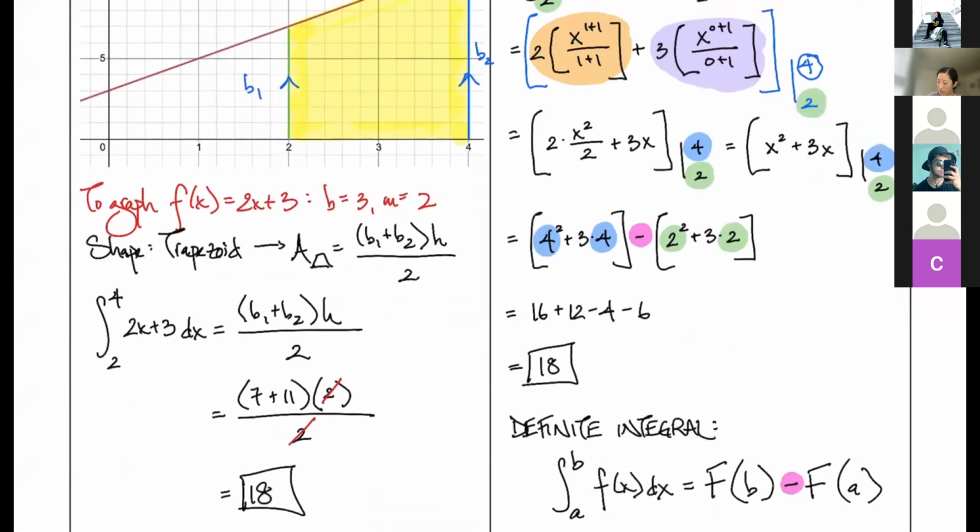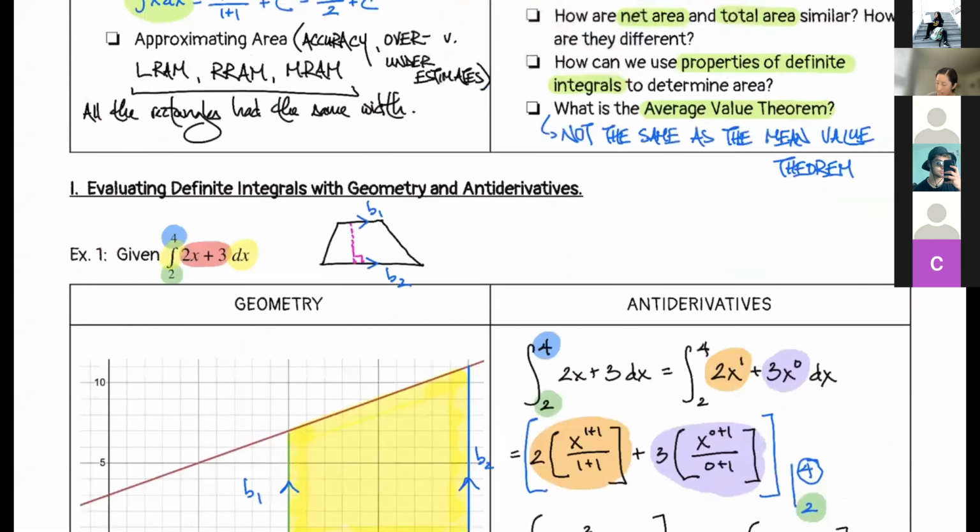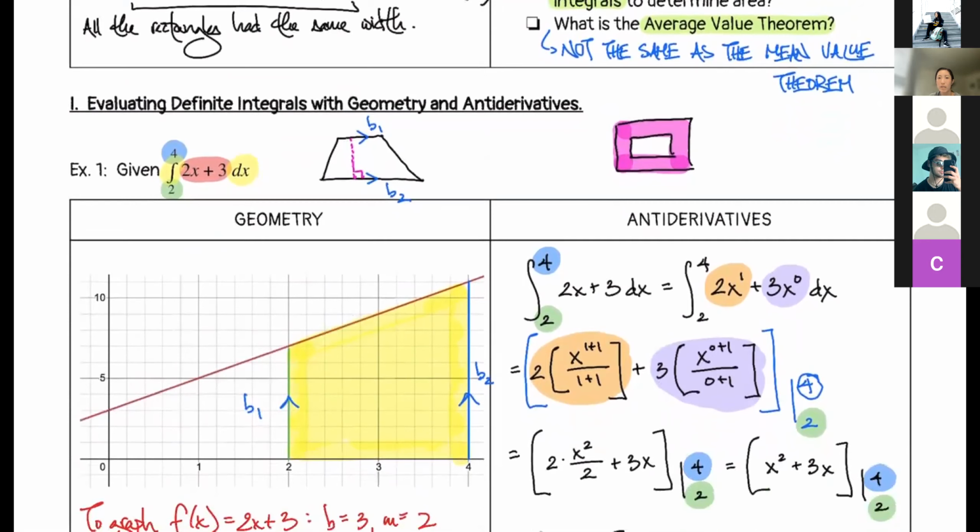This is similar to if you have a rectangle and we want to find the area between the 2 rectangles, we would find the area of the big one and subtract the area of the small one. It's kind of like that idea here, Eric. But we'll talk a little bit more about why it's a minus, okay?